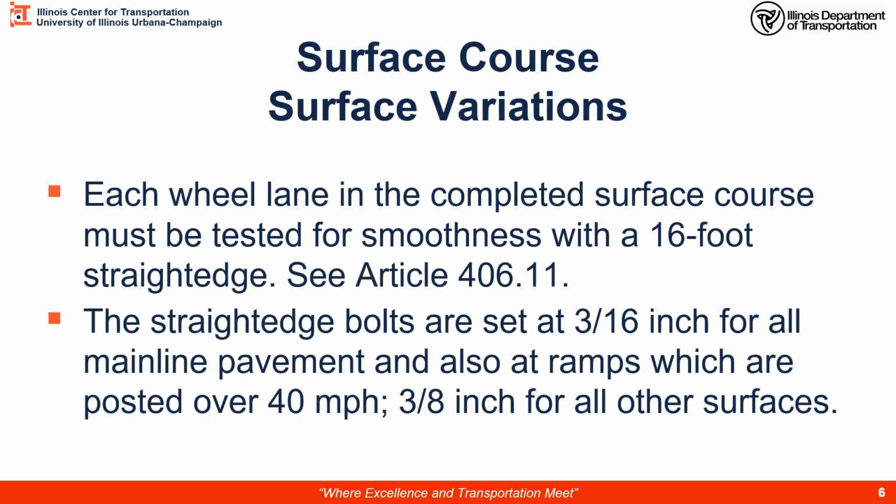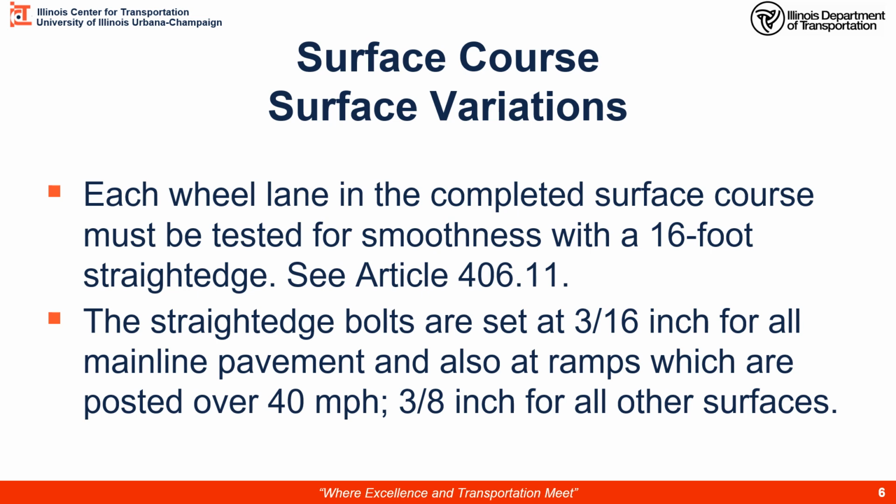So to cover the course of action in doing this test, each wheel path in each lane is tested for smoothness with that 16-foot straight edge, according to 406.11. The bolts are set for 3/16 of an inch for mainline pavement, and also for ramps that are over 40 mph.